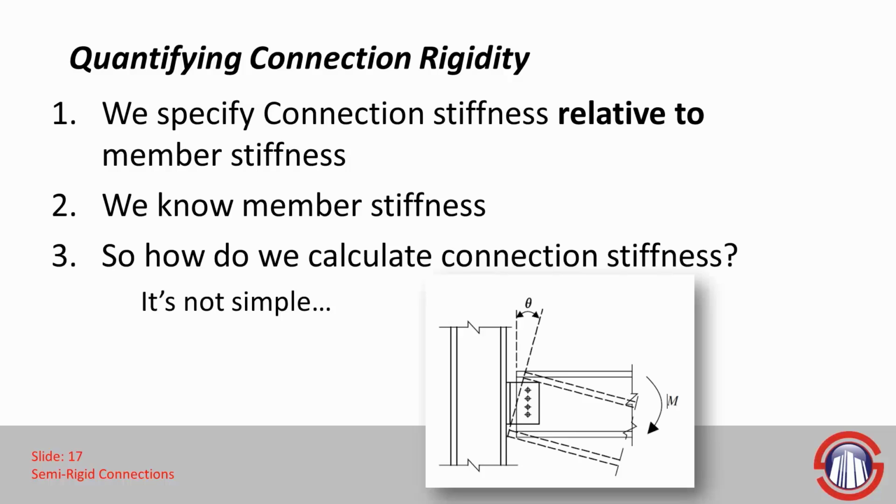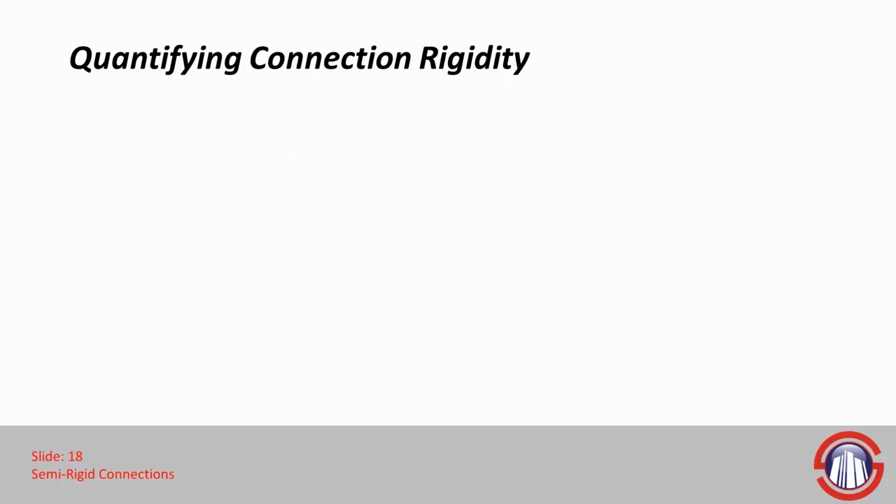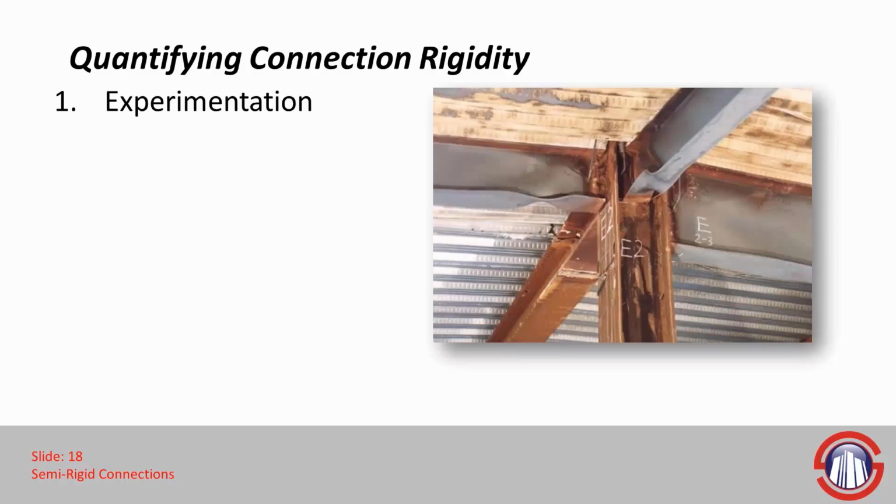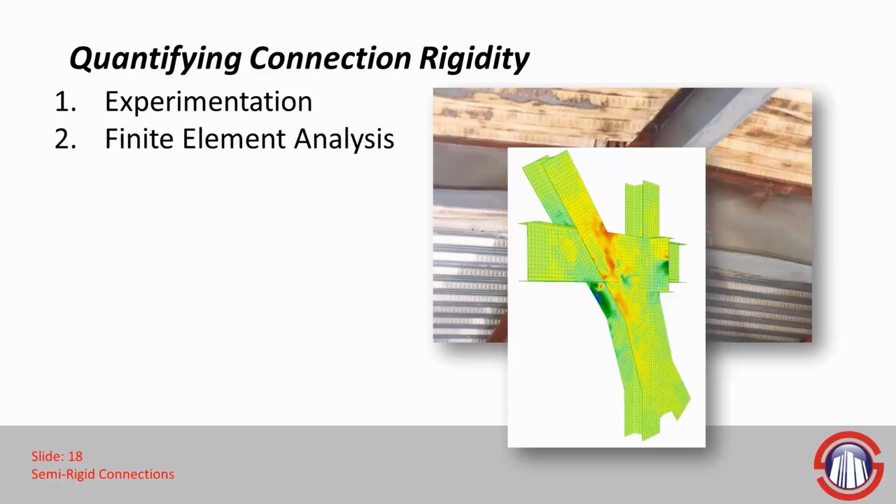So we have to determine the connection stiffness, and it's not always an easy task. This can be done through real-life experimentation. It's also possible through finite element analysis, and SRAM actually has the ability to model connections and members also with shell elements.